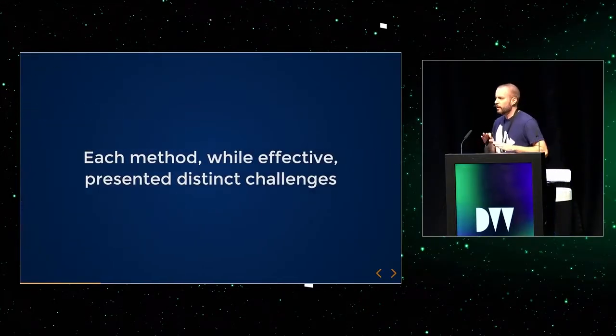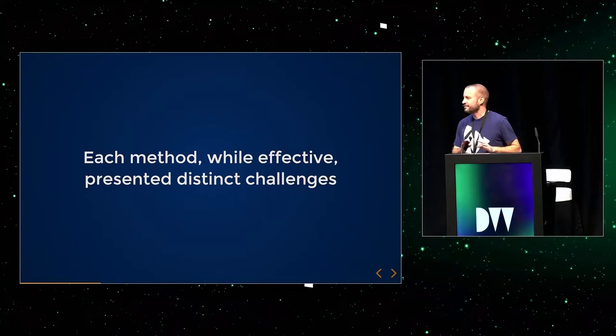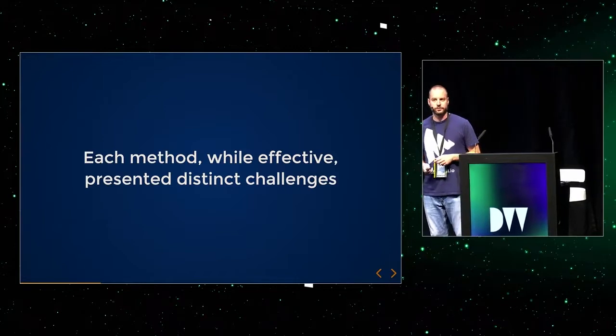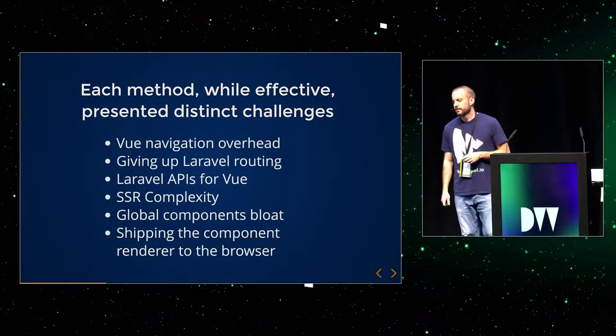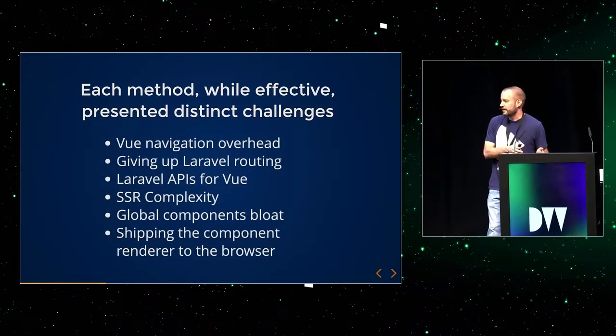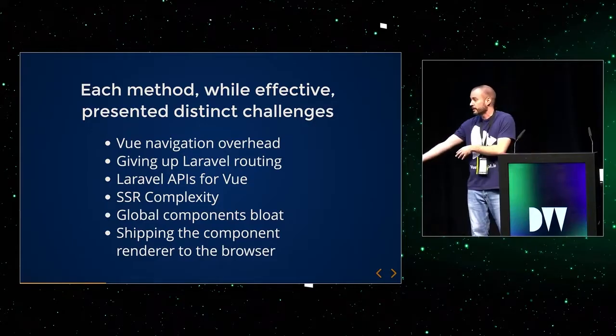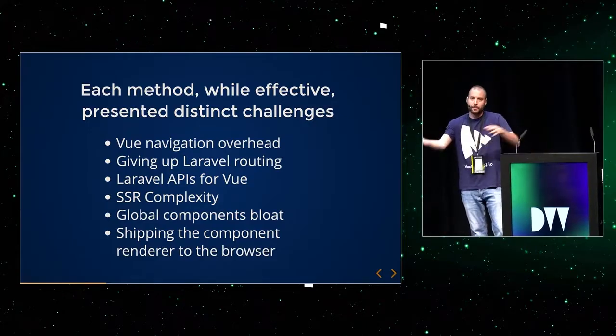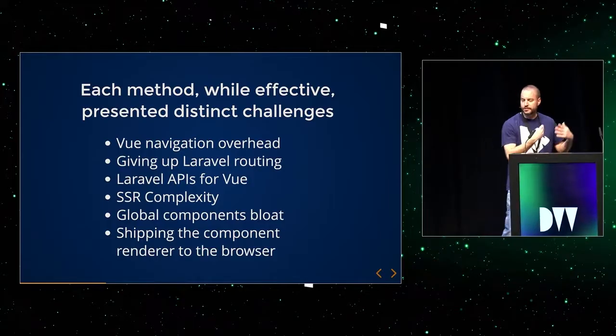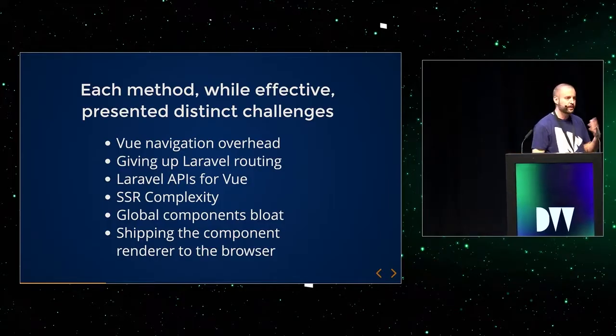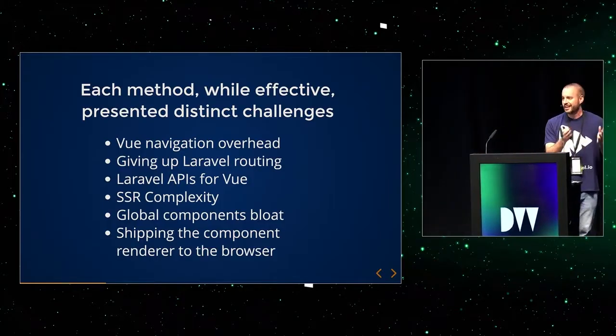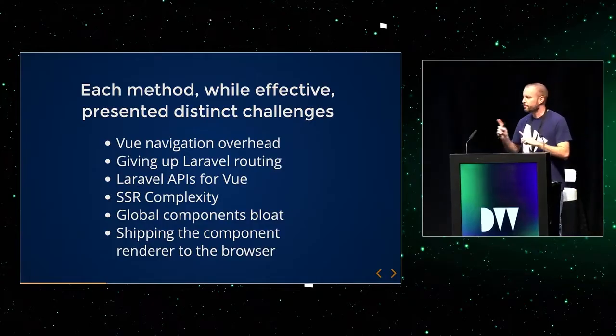Okay, so while each of these methods is effective to a certain extent, each of them presents their own distinct challenges, right? We've got the overhead of having to do routing on the Vue side with Vue Router, plus build up a Laravel API and get all of our REST endpoints created. So you have to do both things.